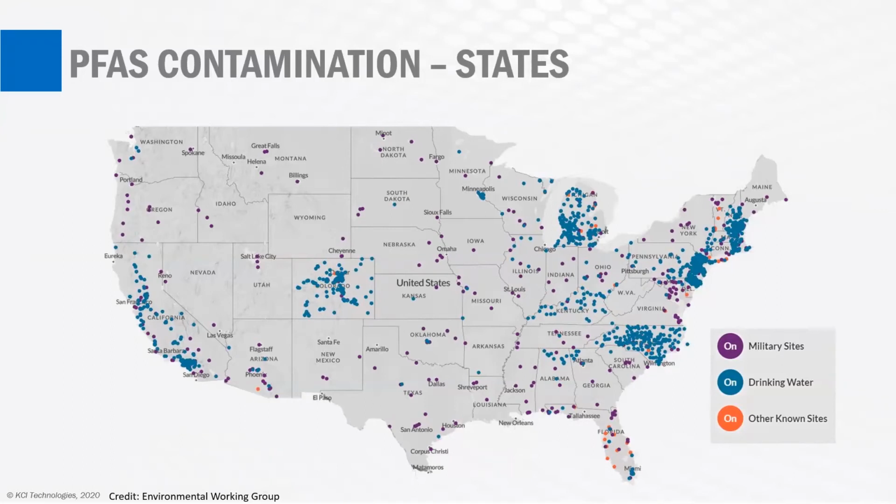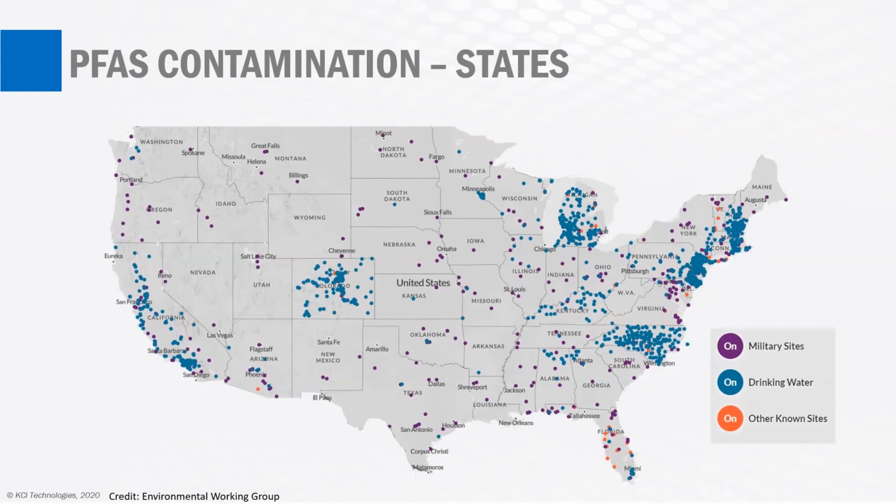So Colorado's probably one of those represented there. And California's probably got a pretty good mix of military and industrial production. So largely the detection and the investigation for PFAS has come in response to environmental issues that have arisen related to the production of PFAS.